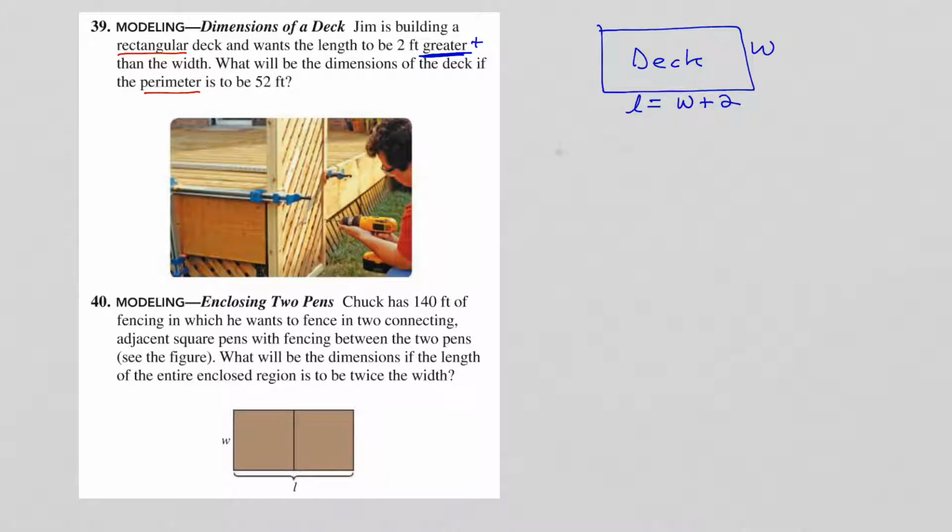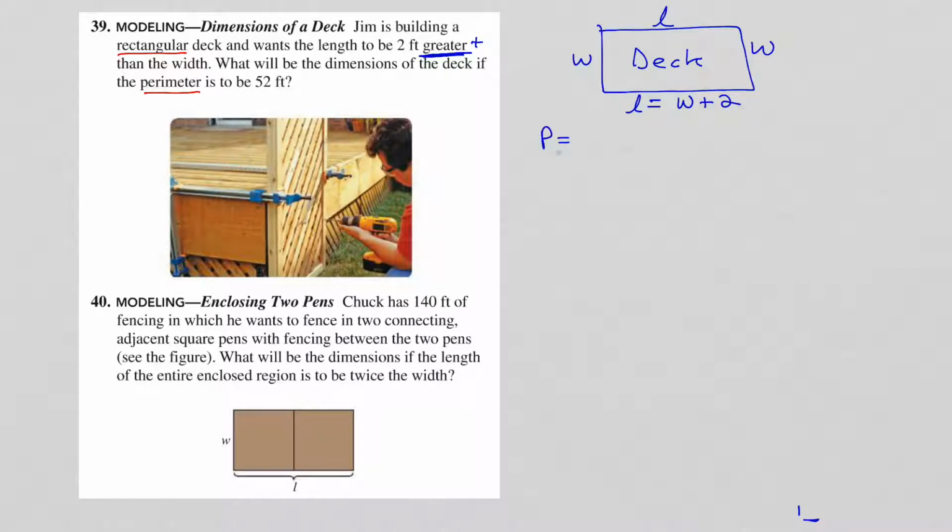Okay, so he's expressing the length in terms of the width, which is actually good. Now, the other word, perimeter, you should know that from geometry, perimeter is adding up all the sides. So we know this is also W, and this is also another L. The definition of perimeter is the total enclosure, or adding up all the sides.